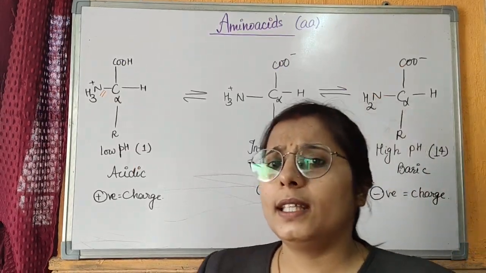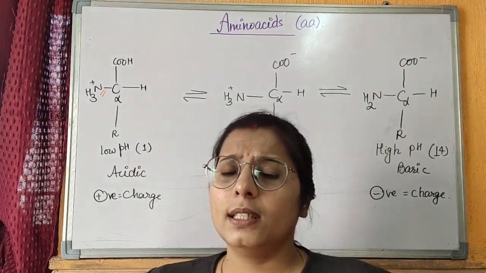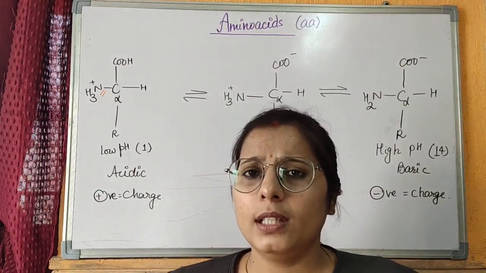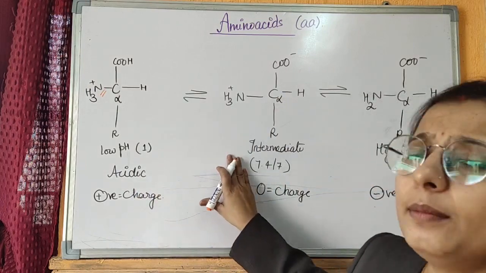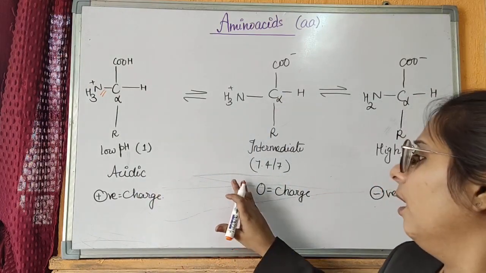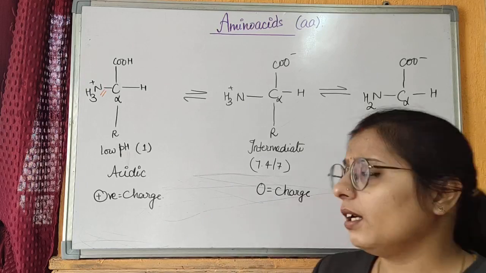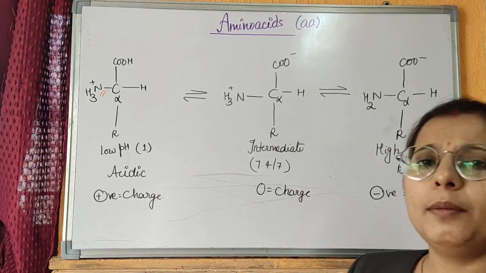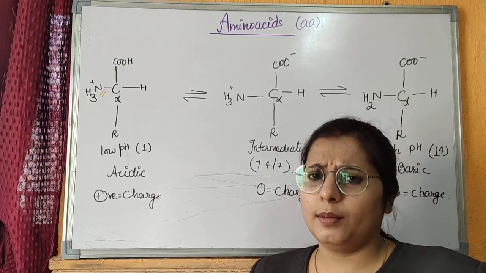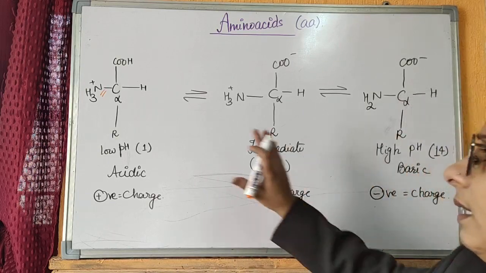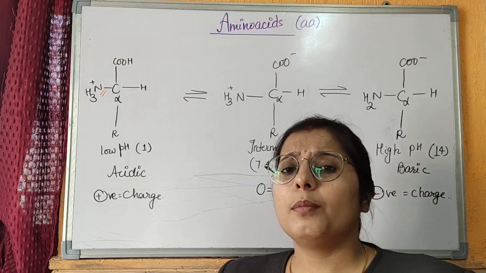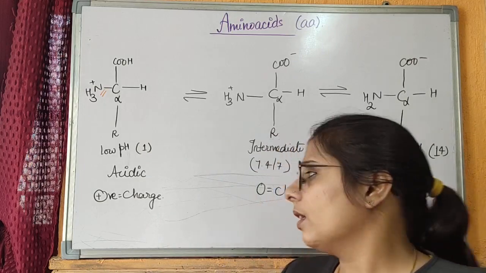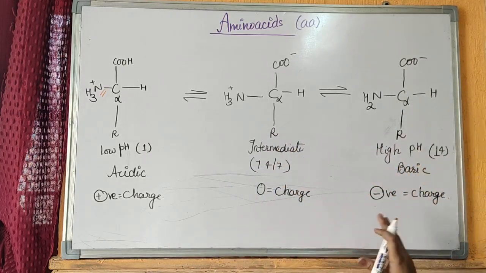Now if we keep an amino acid in 3 different solutions, at low pH or acidic condition, intermediate pH 7.4 or the neutral condition, or in a basic condition or high pH, approximately 14, then the amino acid in that solvent shows a positive charge, a neutral or zero charge, or a negative charge.